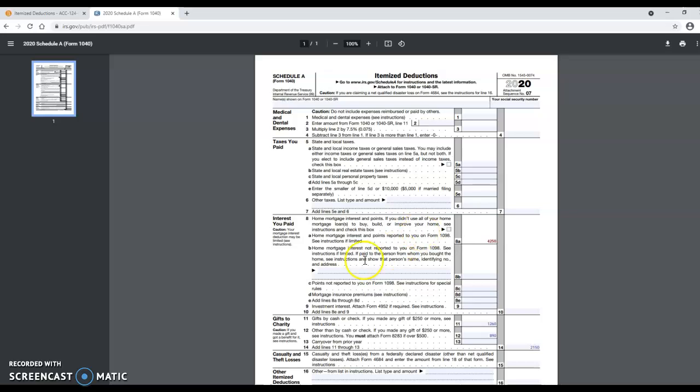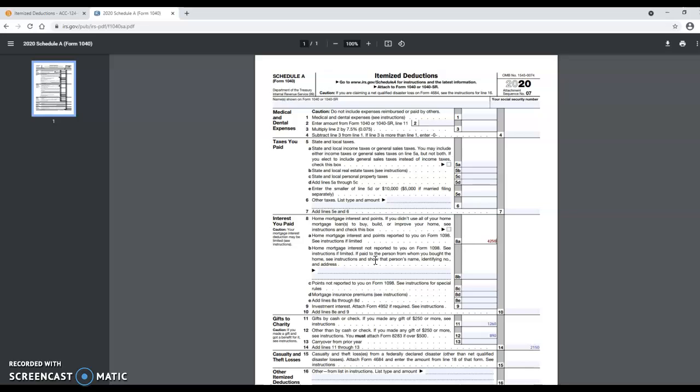Okay? Now here's letter B, home mortgage interest not reported to you on Form 1098. This generally happens if you borrowed the money from an individual. Sometimes this person who sold you the house sets themselves up to be like the banker, and you make the payments to them.